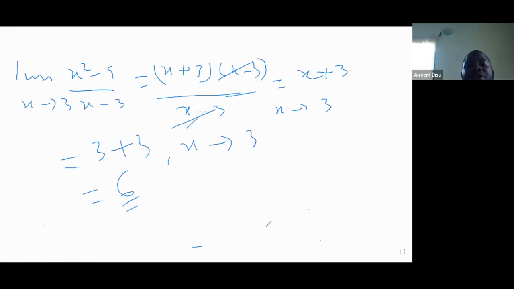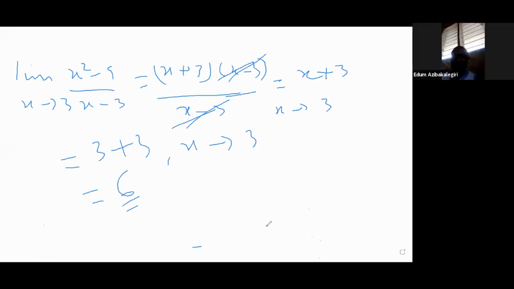Then we can see minus 3 can cancel minus 3 here. Then we are left with x plus 3. Is that taken? Then since what is remaining, as x tends to 3, we now replace x with 3. It will now be 3 plus 3, which is 6. That's the solution. Is that taken?